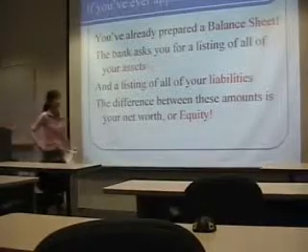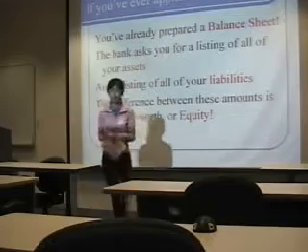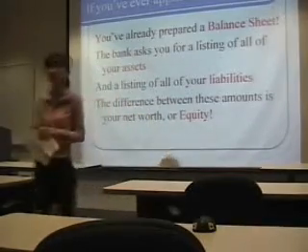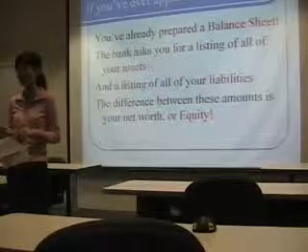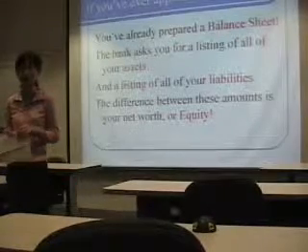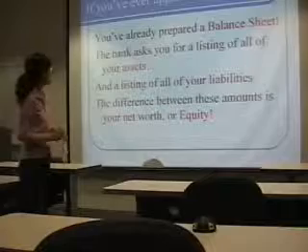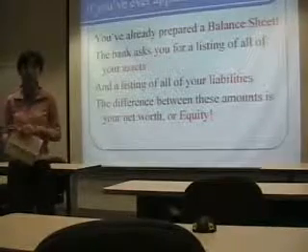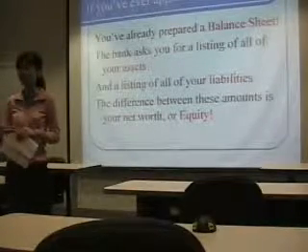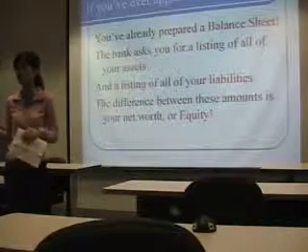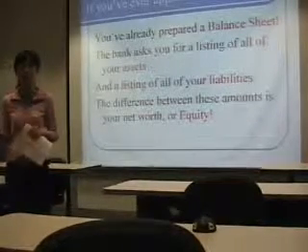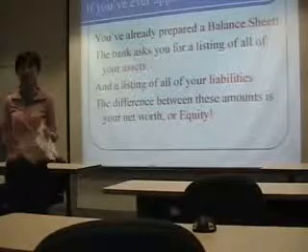Suppose you have ever applied for a loan from a bank. I think you have already prepared a balance sheet, because the bank may ask you to provide a list of your assets, for example, your cars, your house, your clothes, your computer. These are all your assets.